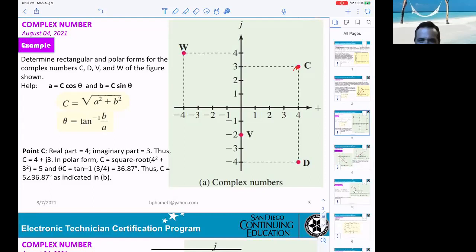Real 0. Imaginary minus 2. What do you get for V in rectangular? 0 in real. What's the real for V? 0. Correct. What's J? Minus 2. Right.